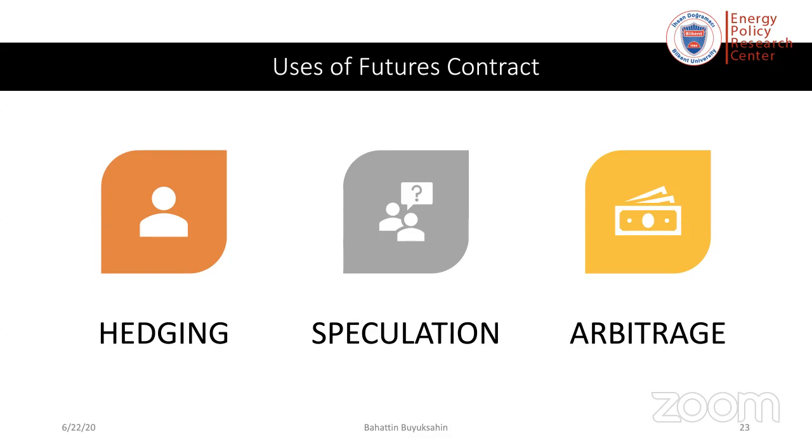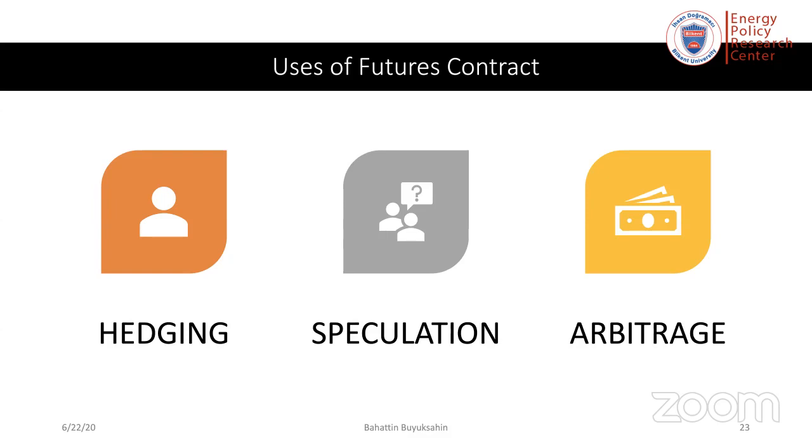Of course, it might not be possible to eliminate the risk completely due to basis risk, which I'm going to discuss later. For the time being, we assume the possibility of a perfect hedge, which completely eliminates the risk.